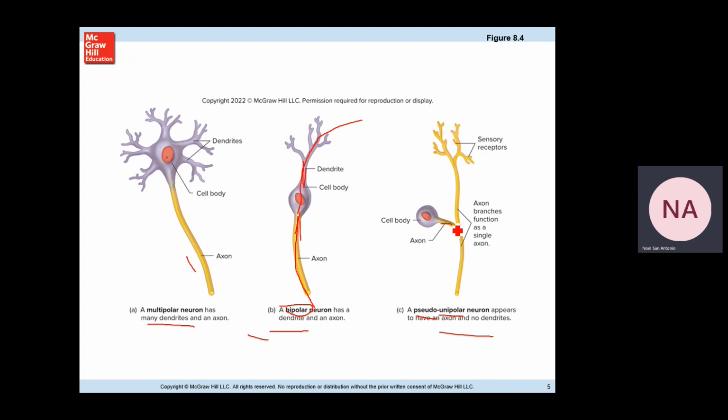It just has a single axon, and that axon has sensory receptors on one end, and its other end will travel to the other parts of the nervous system that will propagate those action potentials that are received by the sensory receptors. So again, those are the three types of neurons in our nervous system.